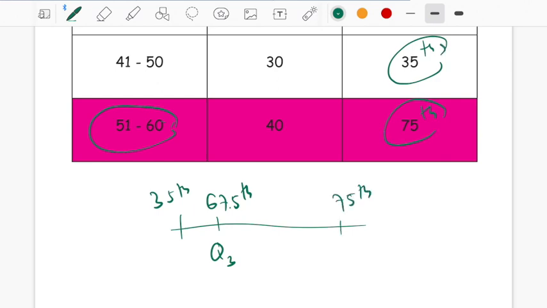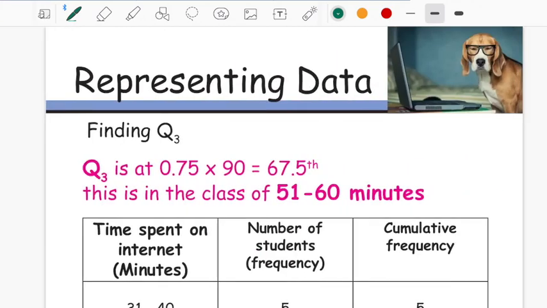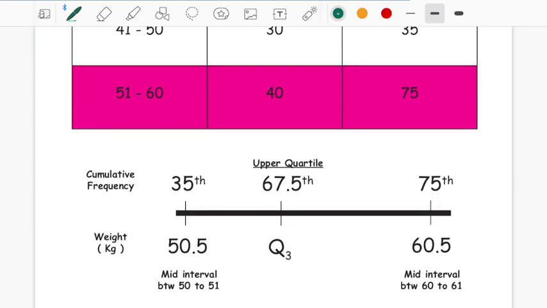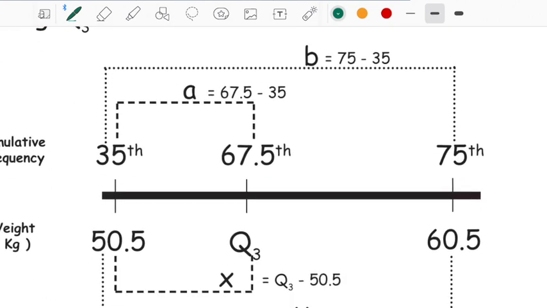Okay, and the mid for 35th is 50.5, the mid interval between these two. And the mid interval between 60 and 61 is 60.5. Then you take the ratio. Again, now I'm going to write the ratio values out here.